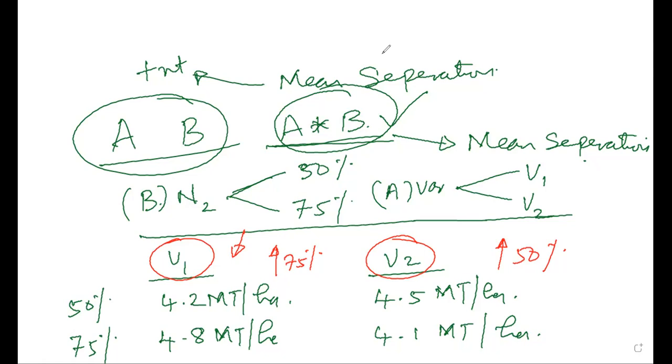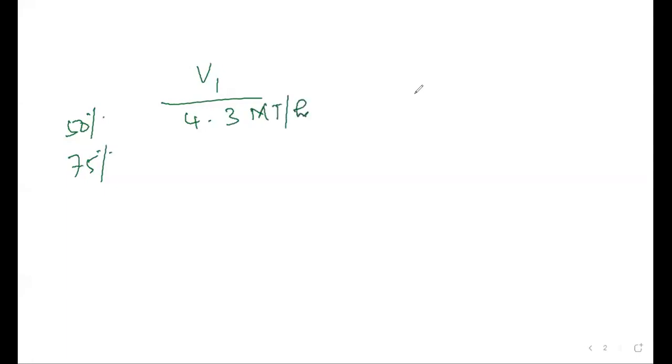Wait, I will finish it further. Now, again, the same experiment. You may have results a little differently. This is 50%, 75%. For variety 1, I'm getting 4.3 metric ton per hectare under 50%, and 4.7 under 75%.